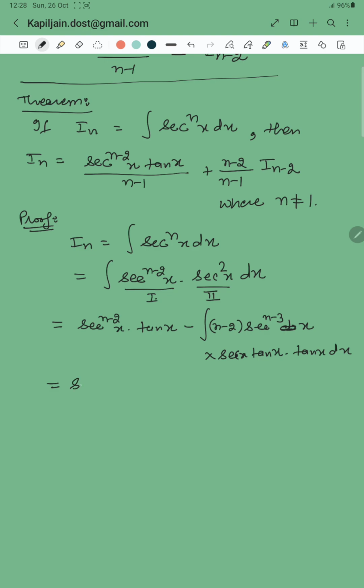Now this is equal to secant raised to power n minus 2 x into tangent x minus n minus 2 integral secant raised to power n minus 2 x multiplied by tangent square x dx.